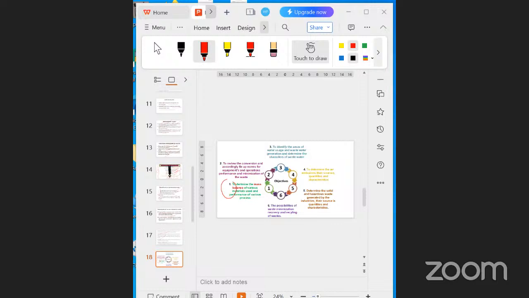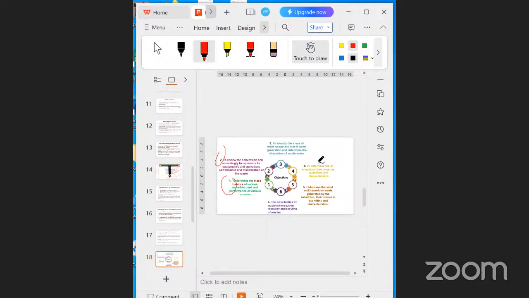And the second one is to review the conversion and accordingly fix norms for equipment and operations performance and minimization of the waste.